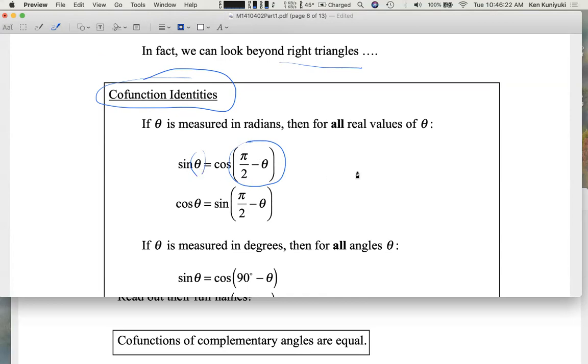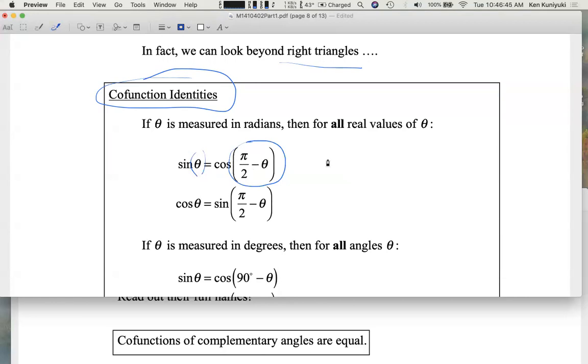Theta could be negative or like 1,000,000 radians. I'm going to extend the definition of complementary angles beyond Math 104. So we can say, for example, negative 10 degrees and 100 degrees are complementary. Theta can be any real number.